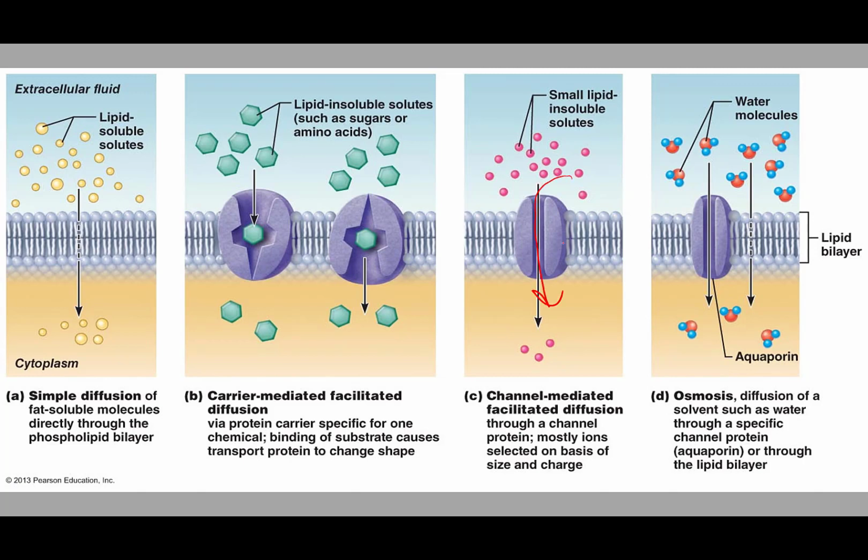And it just diffuses down its concentration gradient, down its chemical gradient, from an area of high concentration towards an area of low concentration, but it does it through that channel. So facilitated diffusion, regardless of which type it is, is allowing diffusion down a concentration gradient using some sort of protein. And lastly, we have osmosis.